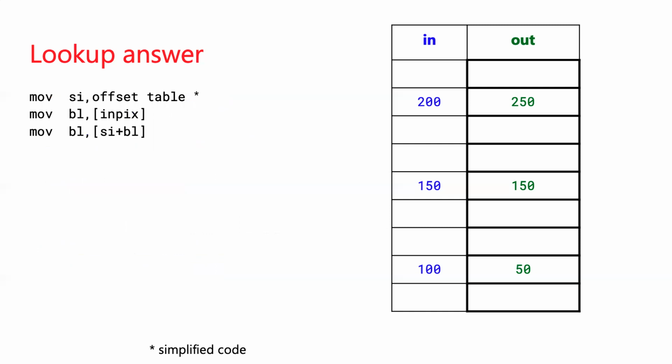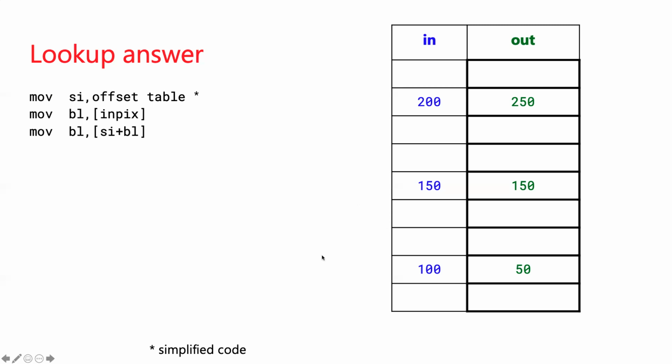So let's pretend table was stored in our data section. And let's say we look up the starting address of table, or we get the assembler to tell us that, and we store that in SI. So SI is like a pointer to the start of our table. And let's say we've got a pixel value that's stored in whatever inpix is, and we want to go look up what's in that pixel and rescale it based on what's in this table.